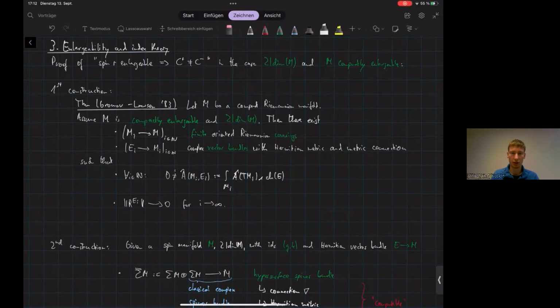And it's not a big restriction actually to just consider the even dimensional case here. So that was the disclaimer in the beginning.